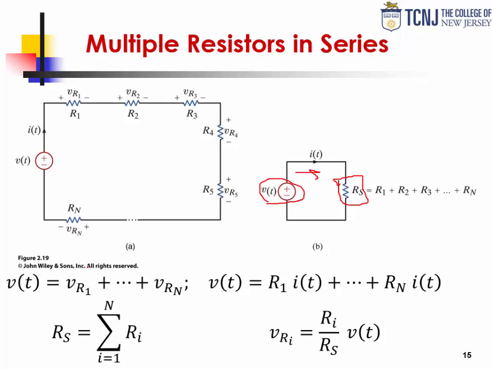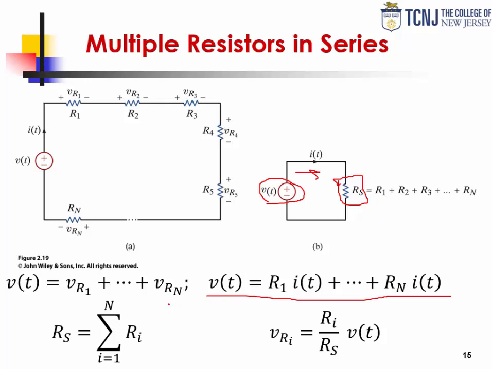Then substituting the voltage for each of the individual resistors using Ohm's law, we get the following equation here on the right. Then, if we divide both sides by the current, because we know that the current is non-zero, and we can divide safely by it, then we're going to get that the voltage divided by the current is going to be the total resistance, which is the sum of all the resistors.